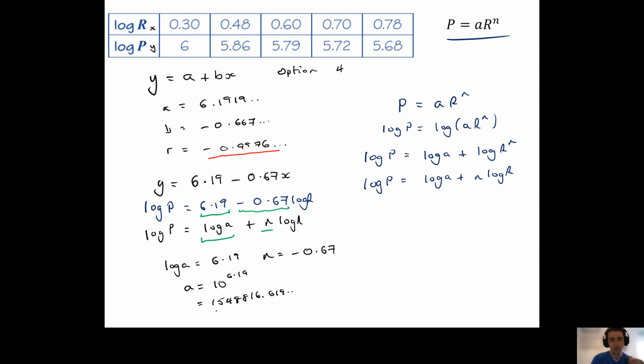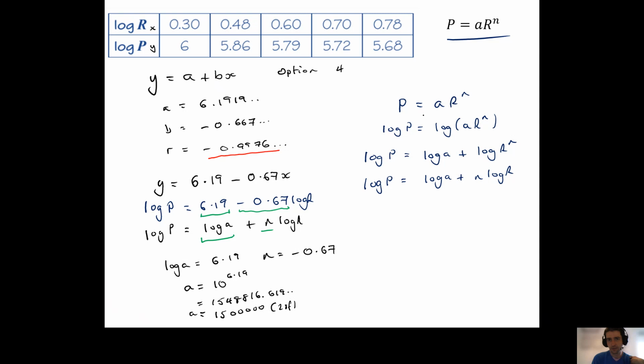Now, I am not going to use that whole value here because the original data was rounded to 2 significant figures. I'm going to round my value of a to 2 significant figures. So I'm going to say that that rounds to 1,500,000. So 1.5 million, and that's to 2 significant figures, matching the accuracy in my original data.